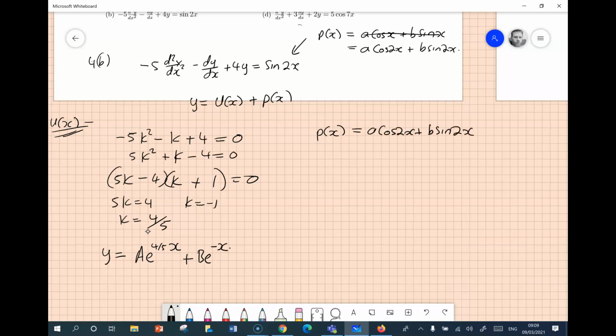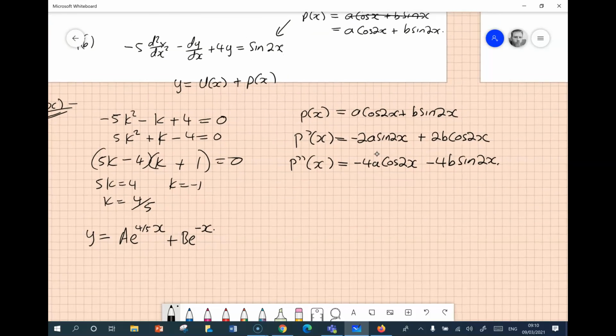And then we just need to create the derivatives of that. So the first derivative is going to be equal to minus 2a sine 2x, and then plus 2b cos 2x. And then the second derivative of that is going to be minus 4a cos 2x minus 4b sine 2x. Okay, now we're going to plug those back into our original equation on the left hand side.